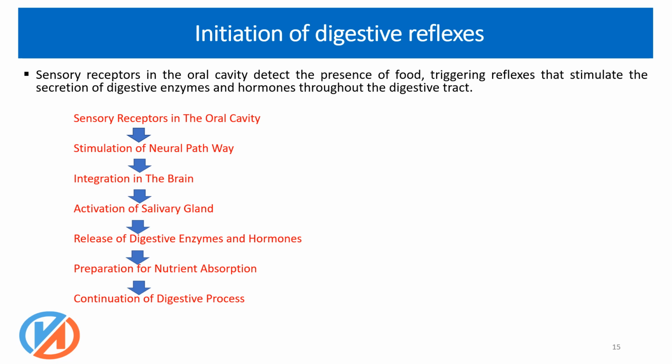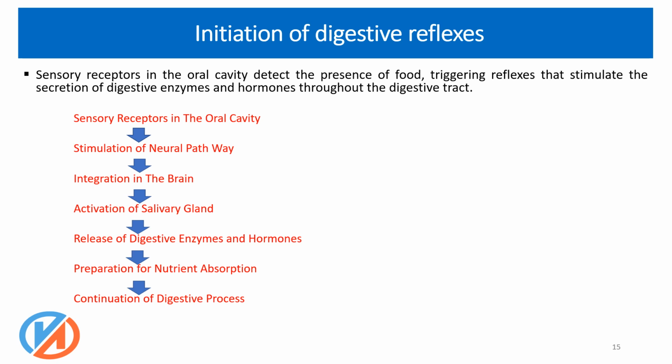The next role of the oral cavity is initiation of the digestive reflex, which is very important. Sensory receptors in the oral cavity detect the presence of food, triggering reflexes that stimulate the secretion of digestive enzymes and hormones throughout the digestive tract.